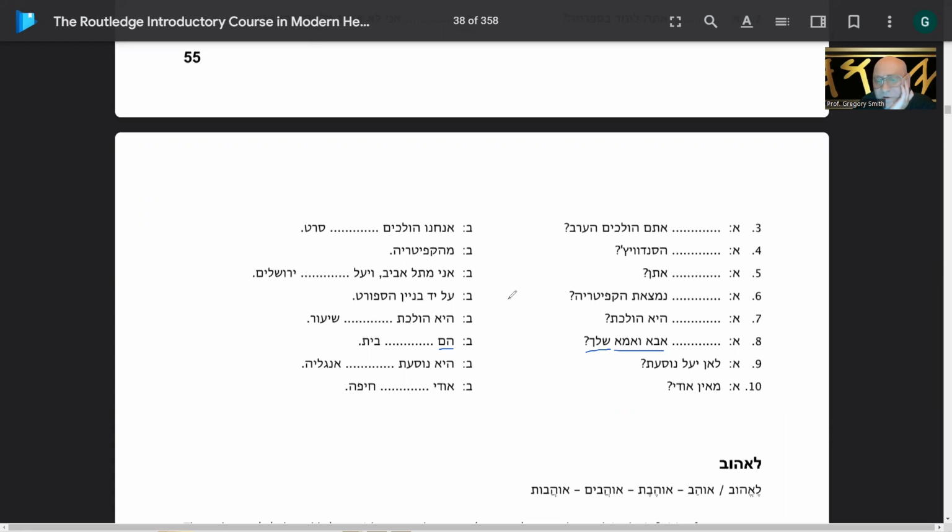So it'd be AFO. Yeah, it's a location one. So I wonder if it's AFO. It wouldn't be from where. It's not answering that. I think it's just AFO. I hope I get this right. We'll see. AFO Abba va'ima shalcha. So where is your mother and father?